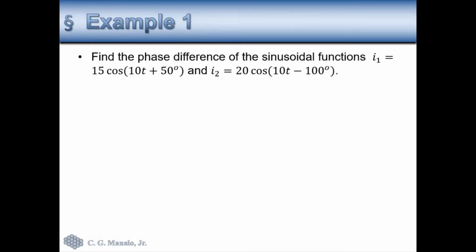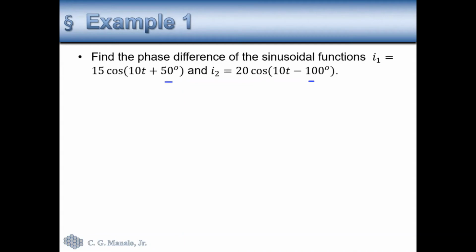Let's take an example. So we have here two sinusoids, I sub 1 and I sub 2. Each is expressed as the same cosine function, so we don't need to convert them to a sine function. And they have a different phase angle, so therefore these are not in phase sinusoids.